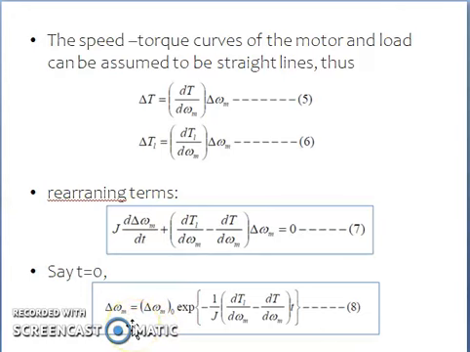An operating point will be stable when delta omega m approaches 0 as t approaches infinity. When t goes on increasing to infinity, delta omega m should go to 0. For this to happen, the exponent of this equation must be a negative value. So this is about the stability of the electrical drive.